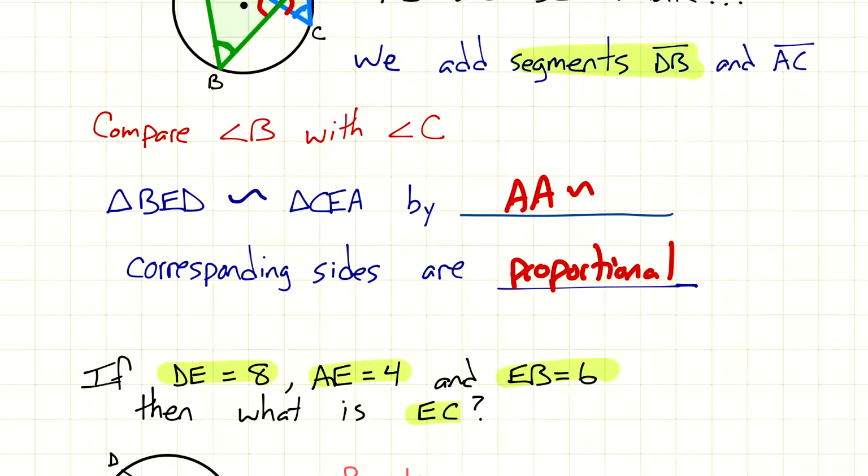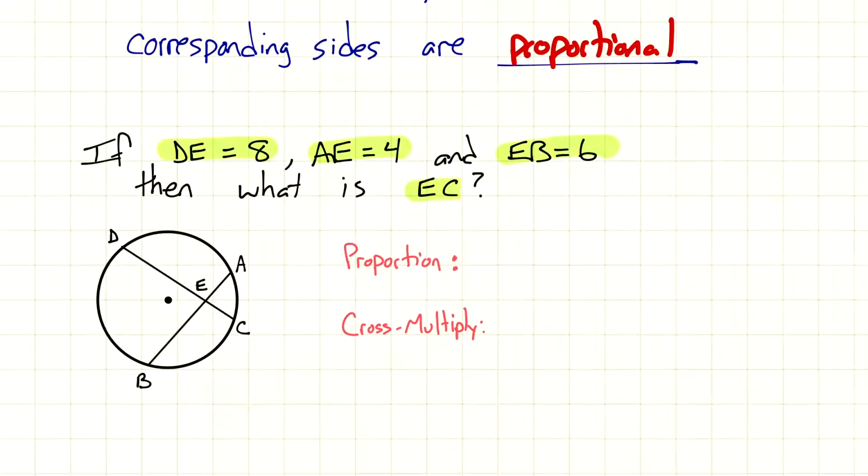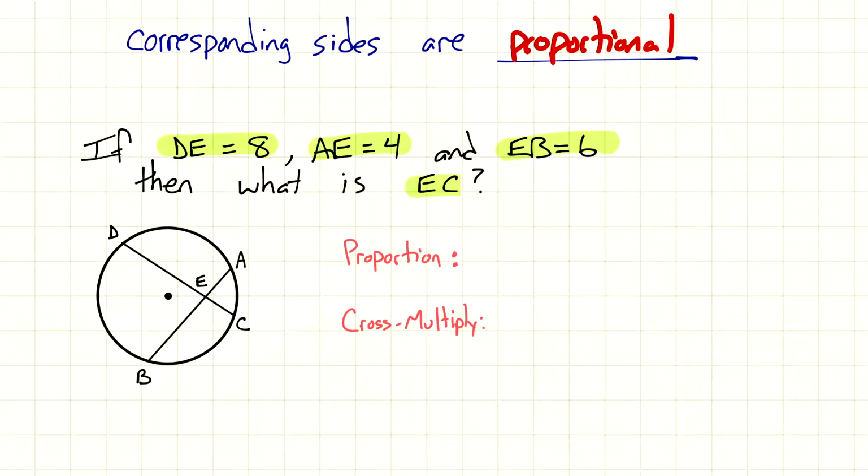Let's use that knowledge to solve a problem that actually has numbers in it. Same diagram, I've just added some values to some of these segments. This is a common test question. DE is equal to 8, so from D to E it's 8.